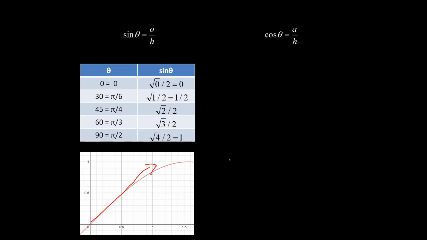These are all things to help you memorize these numbers. So sine of 60 is square root of 3 over 2. Sine of pi over 2 is 1.